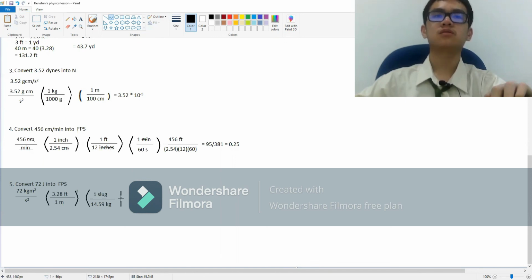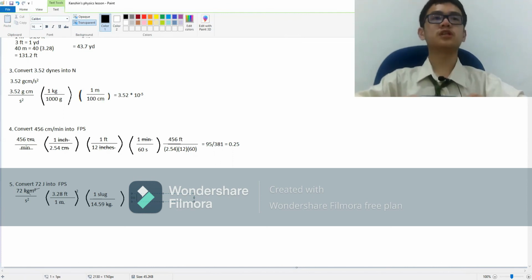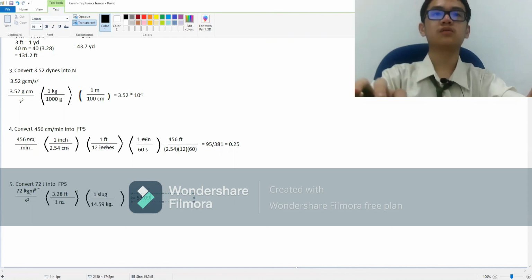So now we can cross out the units. Kilogram, gone. Meter squared, gone. All right, so this is all that's left. So this becomes, you just put into your calculator. So now the final result is 53.09.